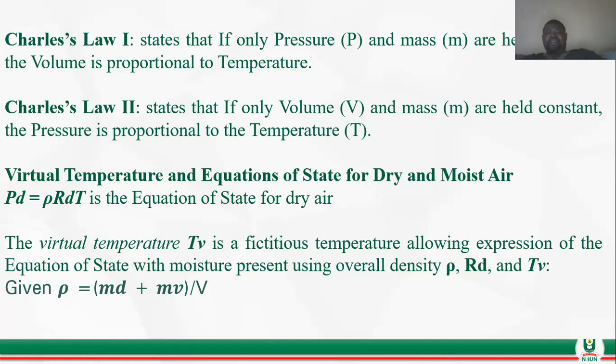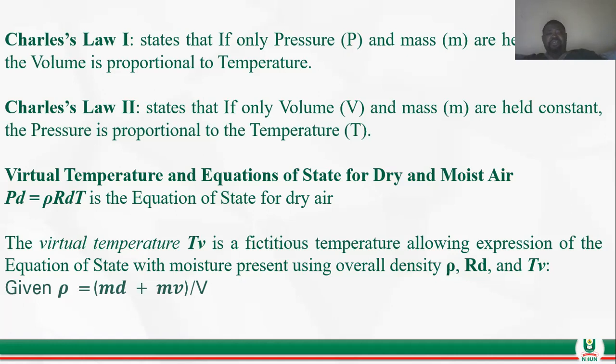Okay? And virtual temperature and equations of state for dry and moist air: P subscript d, that is pressure in terms of dry air, equals rho R_d T. Rho means density, R_d is the gas constant for dry air, and T is temperature.